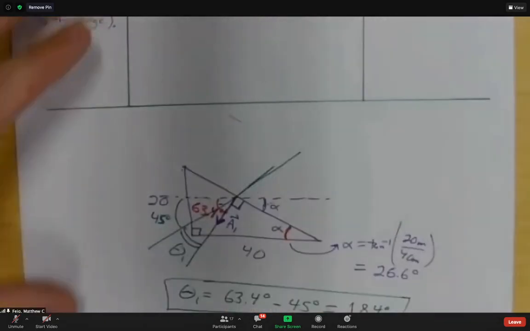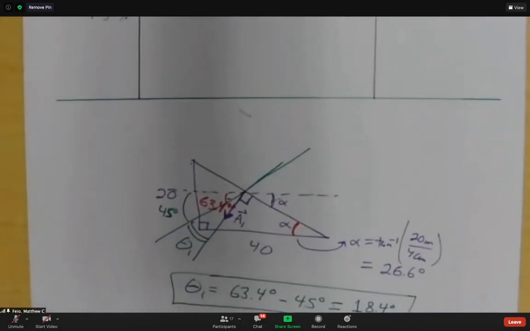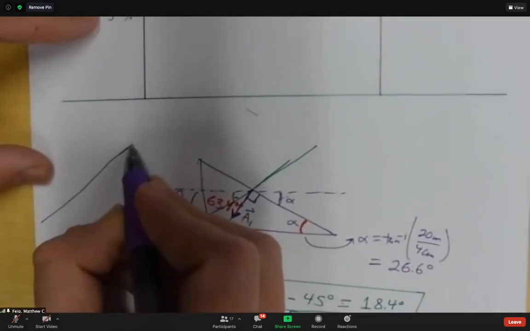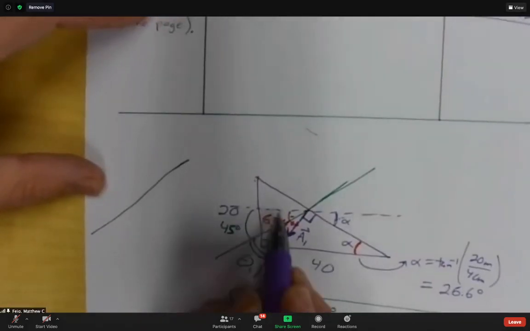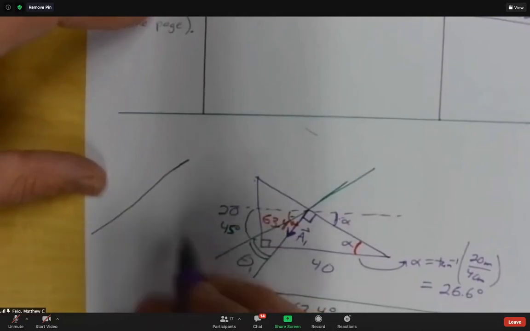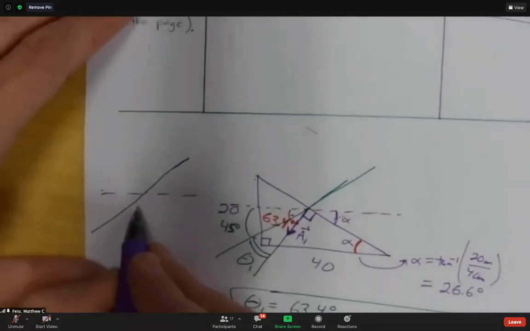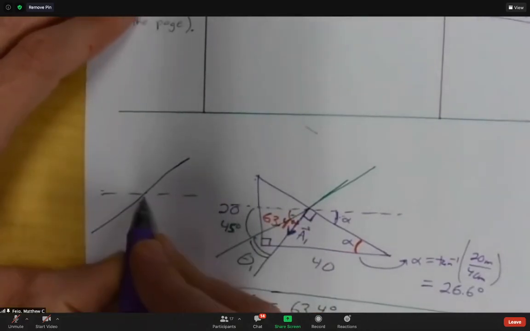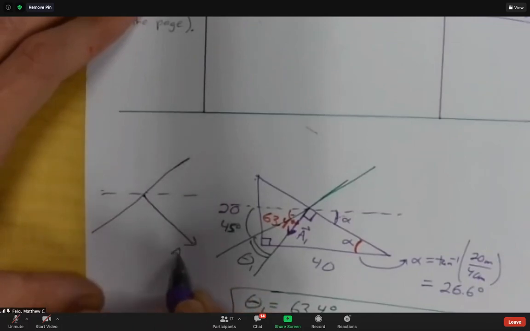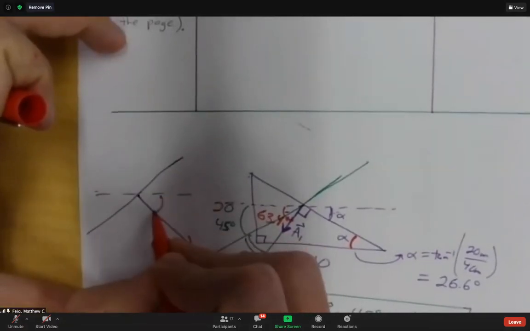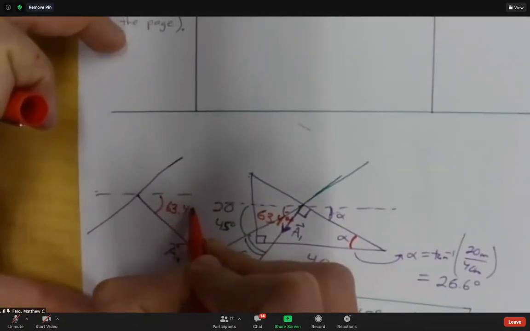What about theta 2? Here's the other side of the roof. And we know that the angle is 63.4 degrees below a horizontal. So A2 is right here, and this is 63.4 degrees below the horizontal.